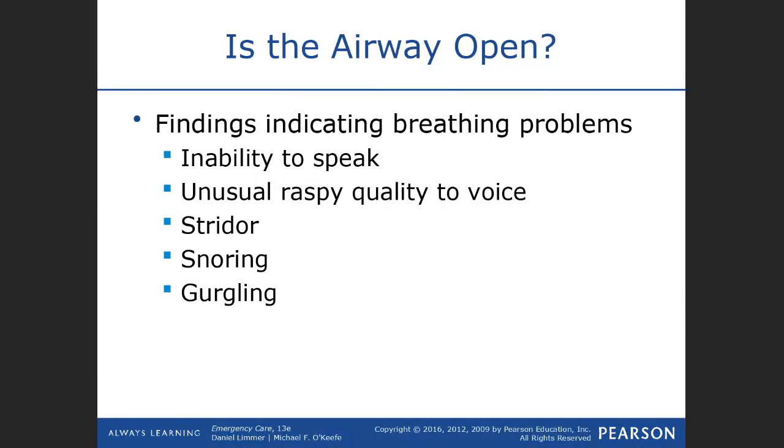So findings that indicate breathing problems: inability to speak, definitely an airway issue. Unusual raspy quality to the voice, that could be concerning. Stridor. Stridor is a high pitch whistling type wheezing sound that is heard without putting a stethoscope on the patient's chest.